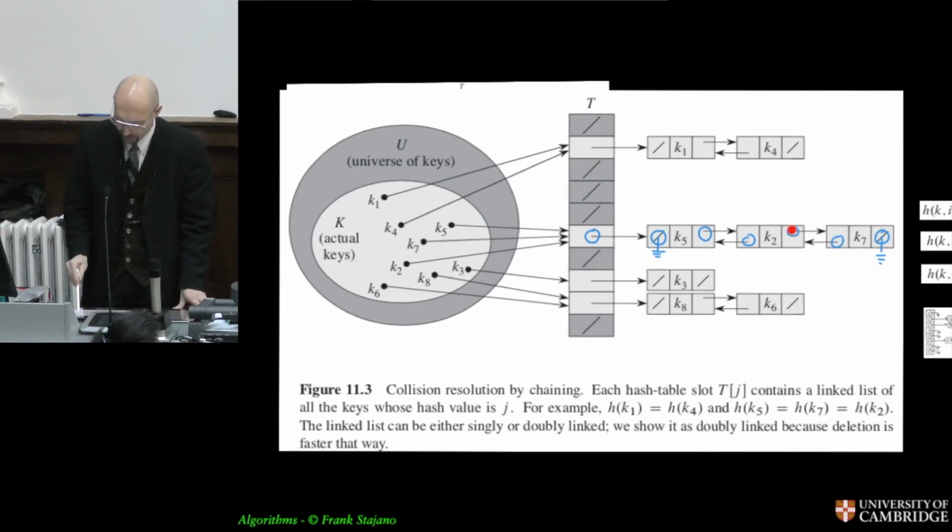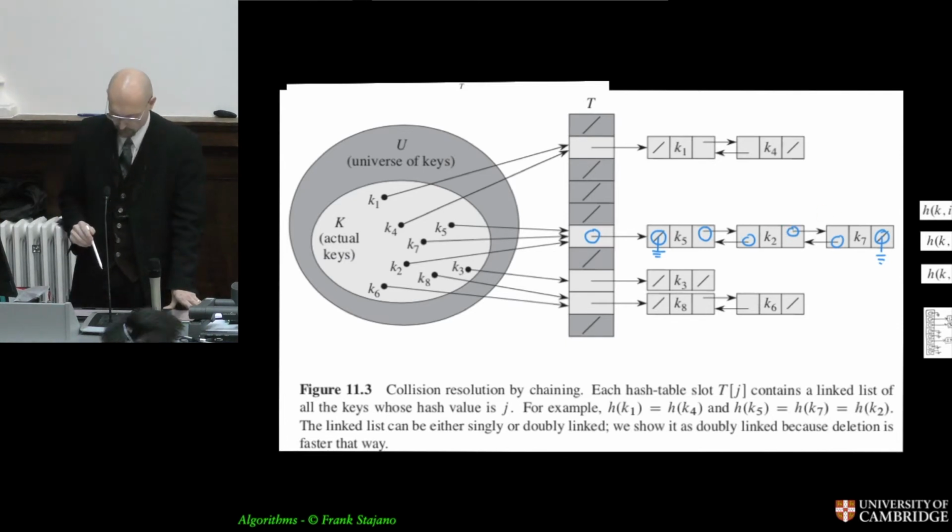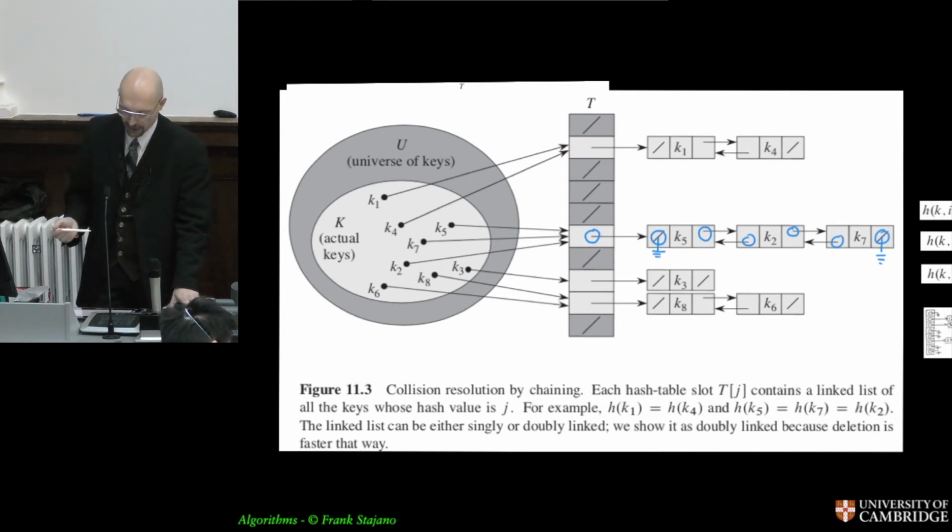So then I would get to here after having linearly traversed this one. In order to save this pain, if I have a doubly linked list, this one will tell me who its predecessor is, and that's the one whose next pointer I have to change to point to this one. So the doubly linked list is a useful thing to have in order to facilitate deletions from the table.